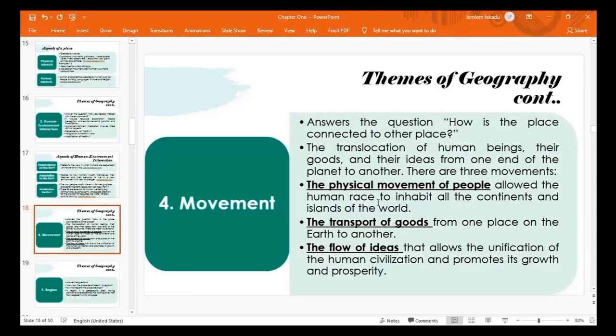The physical movement of people allowed the human race to inhabit all the continents and islands of the world, whereas the transportation of goods moves them from one place on the earth to another. The flow of ideas allows the unification of human civilization and promotes its growth and prosperity.